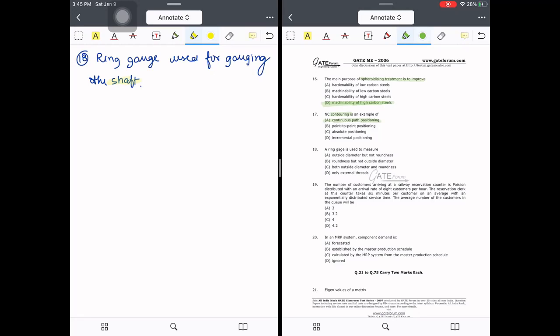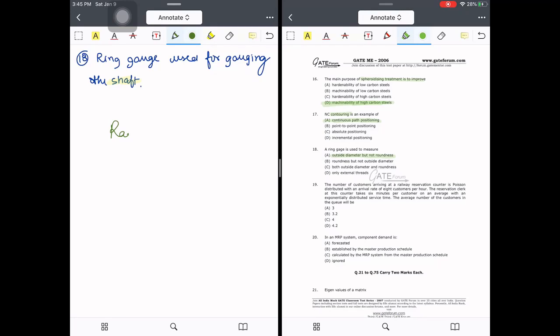First of all, we generally don't use this to measure threads. It's a gauge, and we only measure whether our diameter satisfies the limits or not. We are not checking roundness, so we use it to measure outer diameter but not roundness.